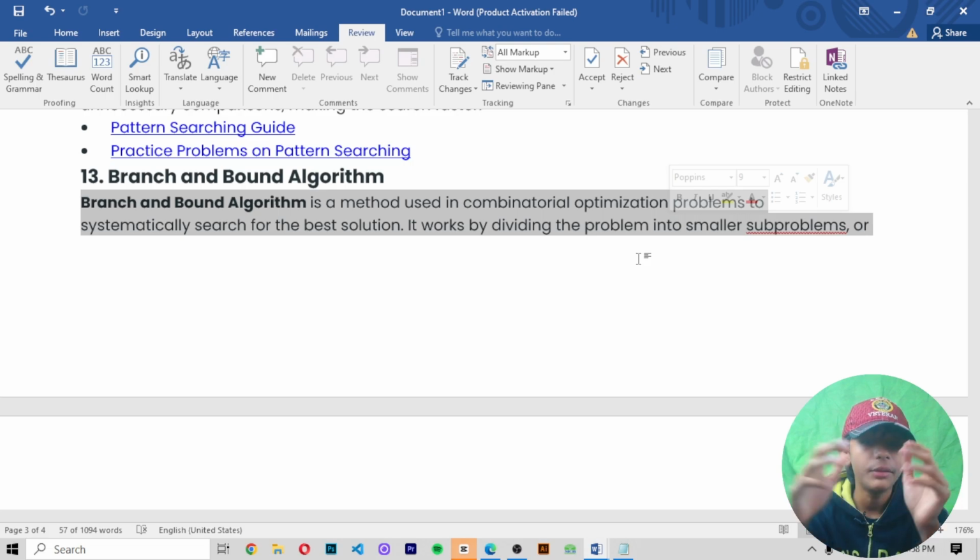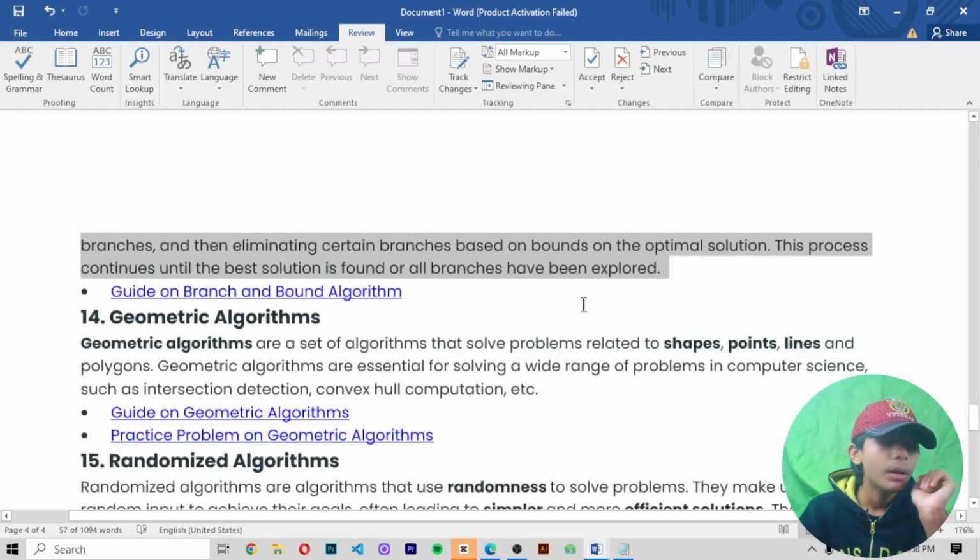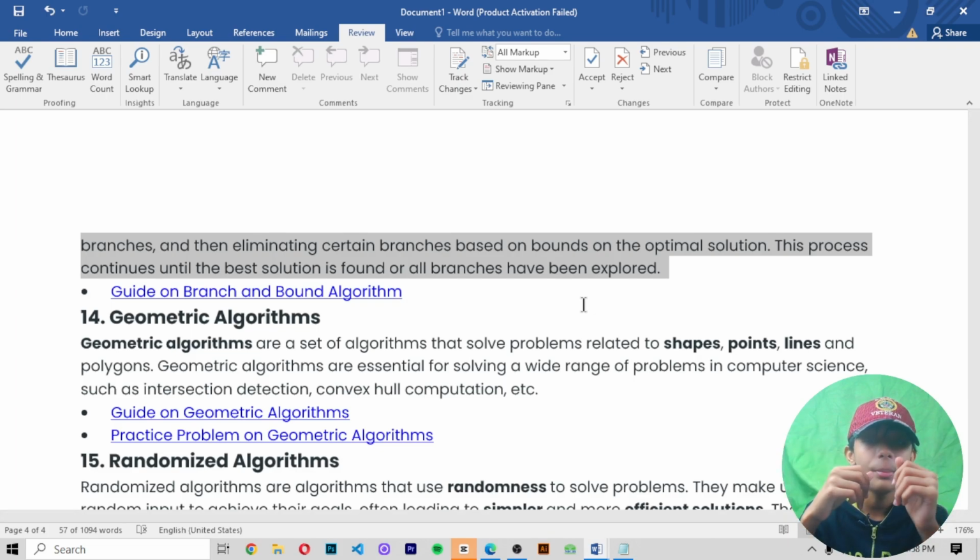It works by dividing the problem into smaller subproblems or branches, and then eliminating certain branches based on bounds on the optimal solution. This process continues until the best solution is found or all branches have been explored. And we also make one detailed video on branch and bound algorithms.